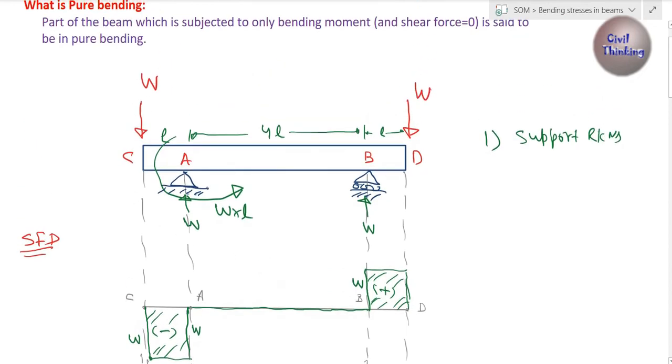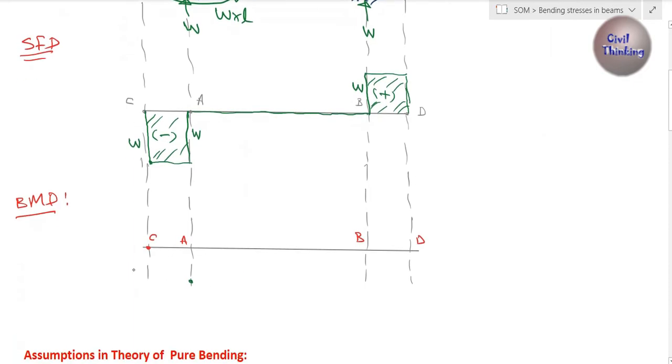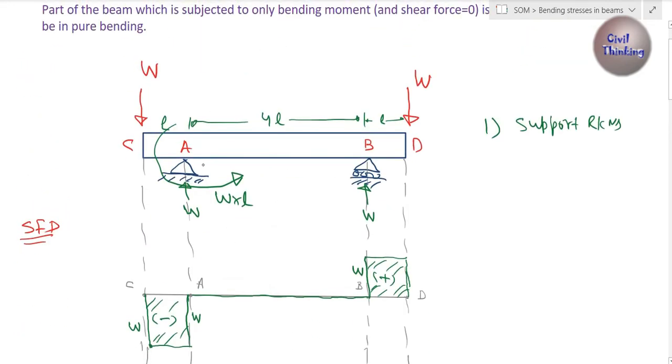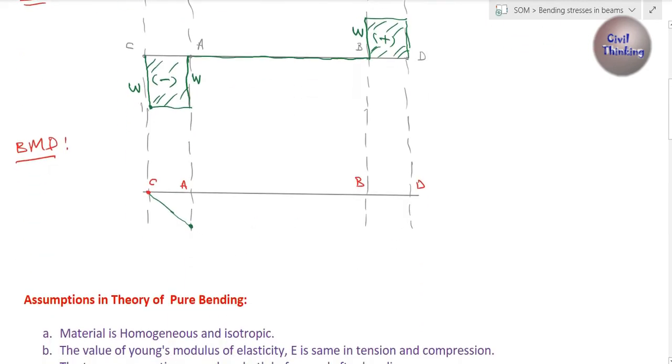Now because this is a point load, you should remember that due to point loads the bending moment is linear. Okay, I will draw a straight line. Now from A to B there are no moments, so I'm going to go flat here.